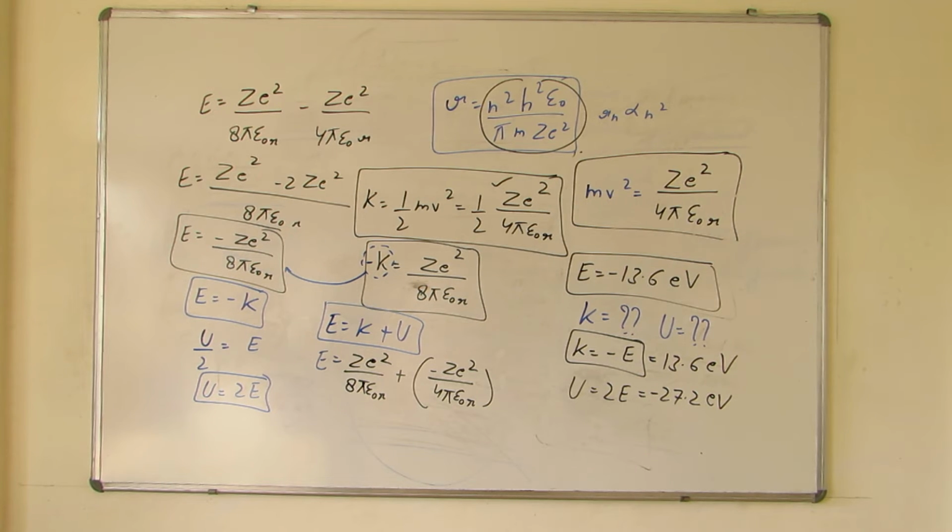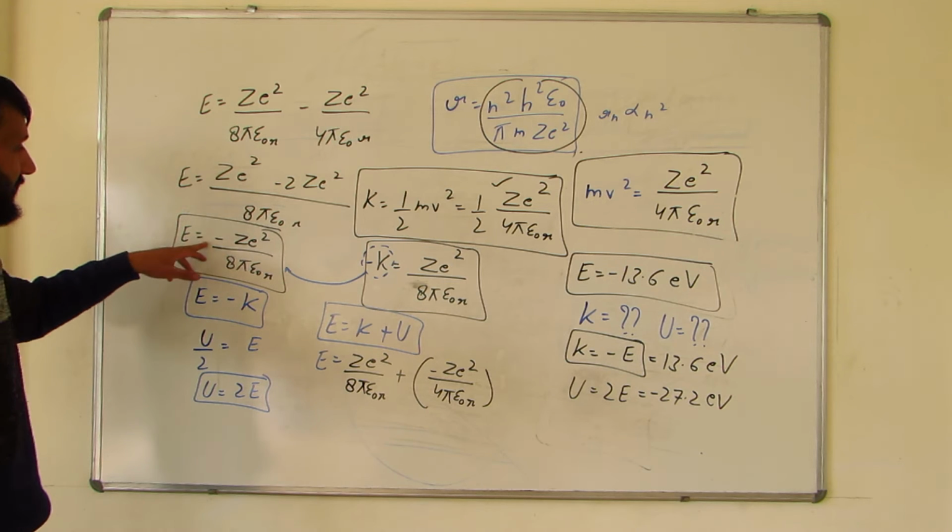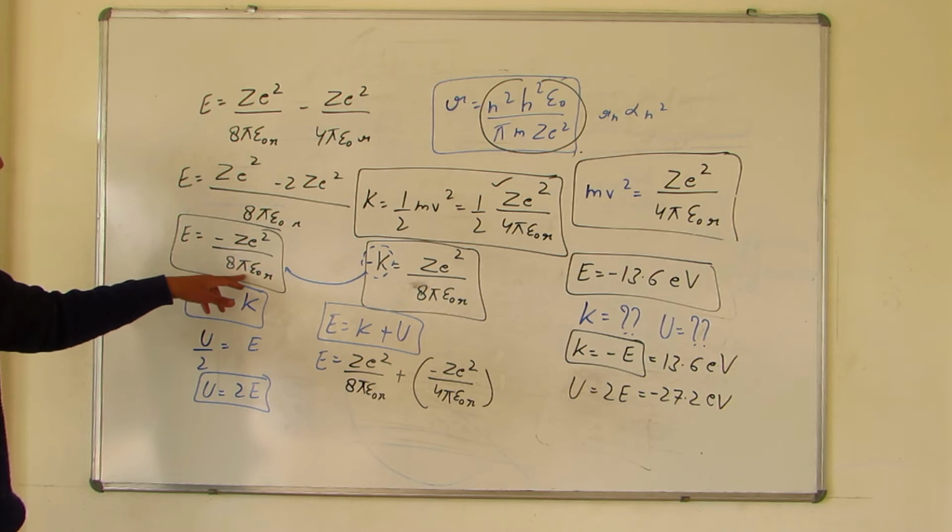Now moving ahead, this energy is equal to minus Ze square upon 8 pi epsilon naught r.